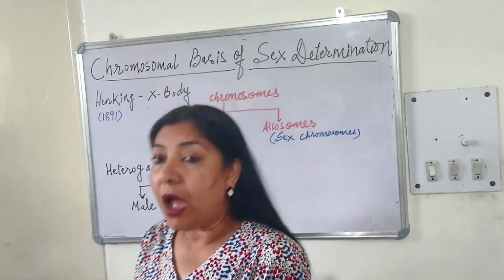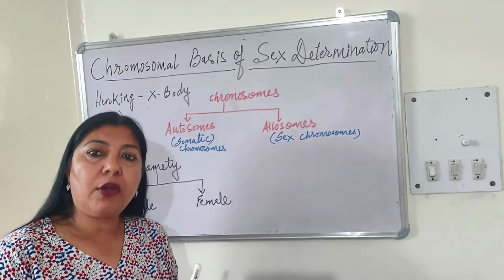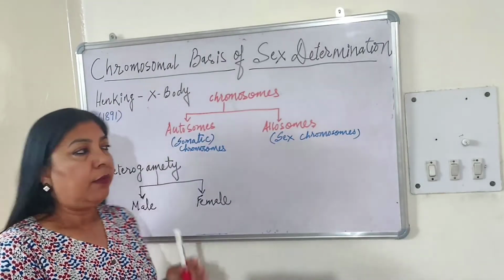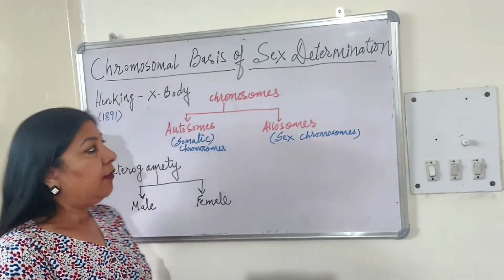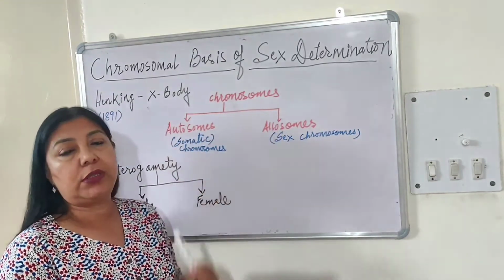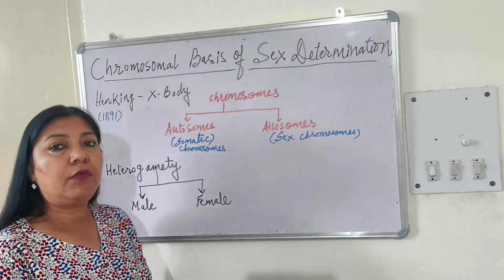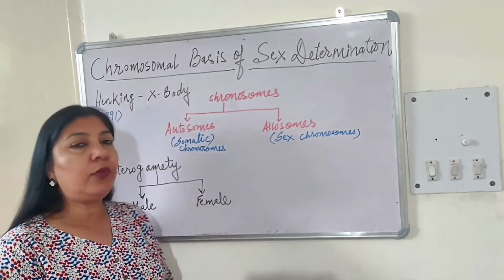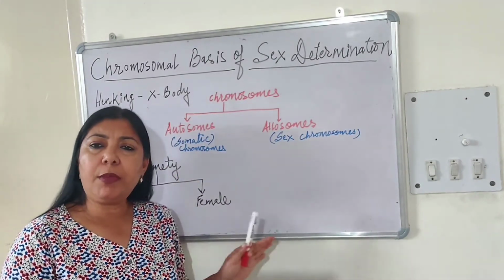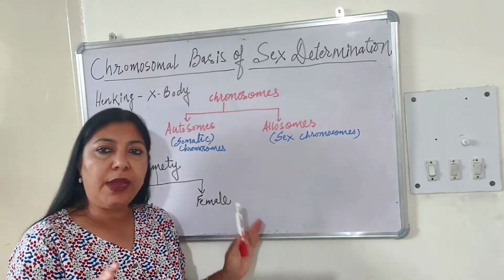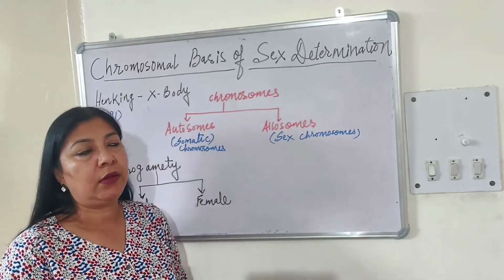So now we know that in every organism's body, especially in animals, there are two types of chromosomes. They are autosomes, also called somatic chromosomes, which are common in all males as well as females.